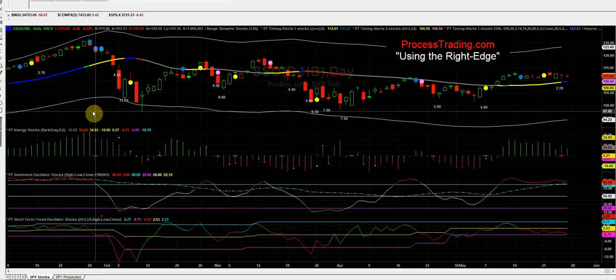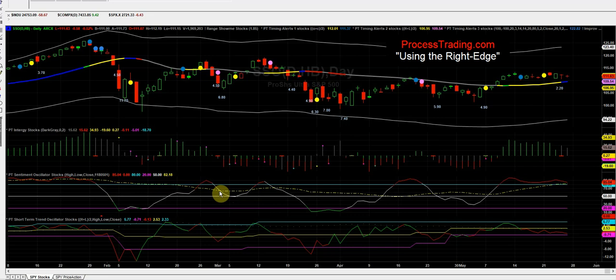So if we just bounce along here, we see momentum cutting through the sentiment oscillator. Here we see it cutting up through it, but in fact the sentiment oscillator is actually coming down still. So it shows that some of the conviction is coming out of it.